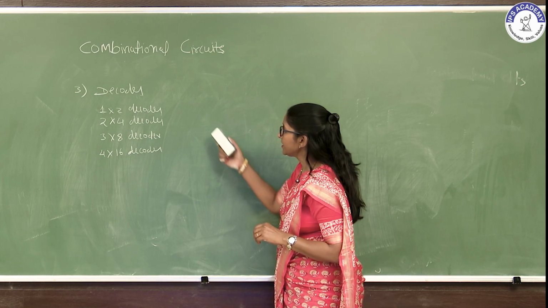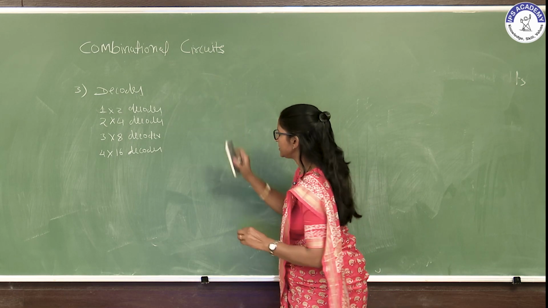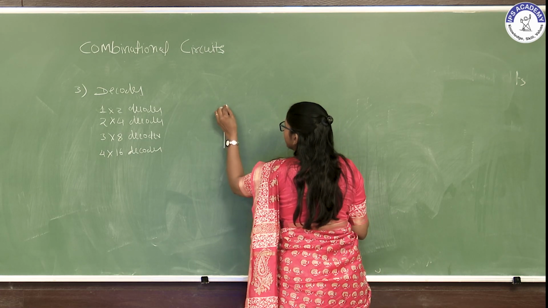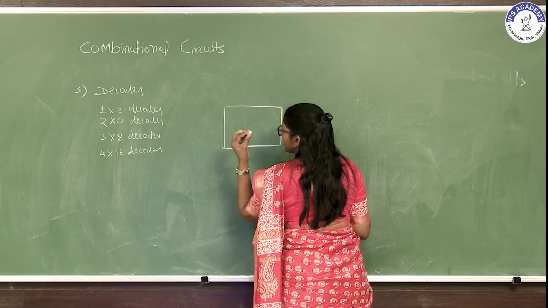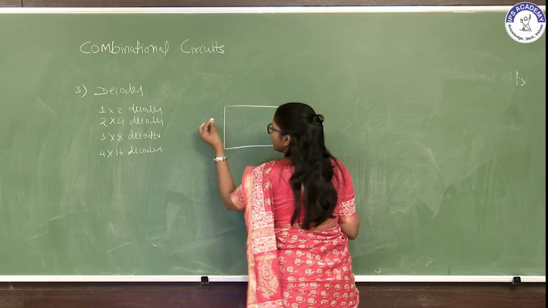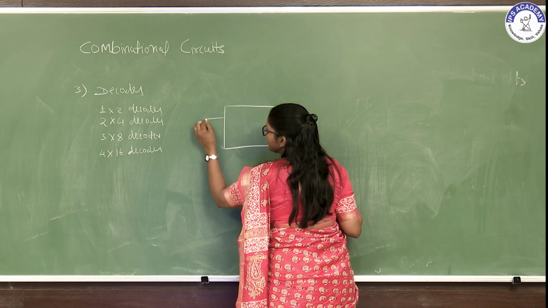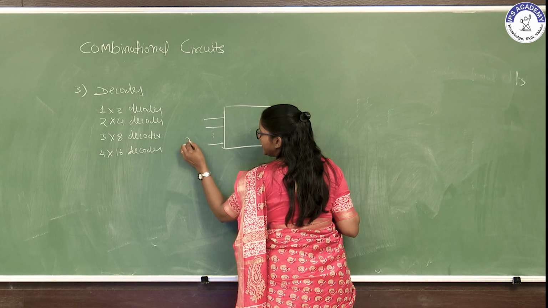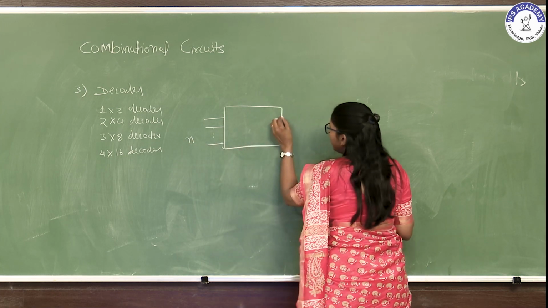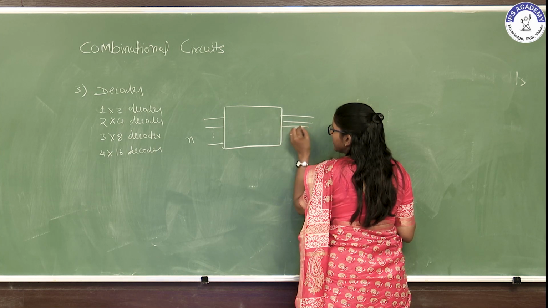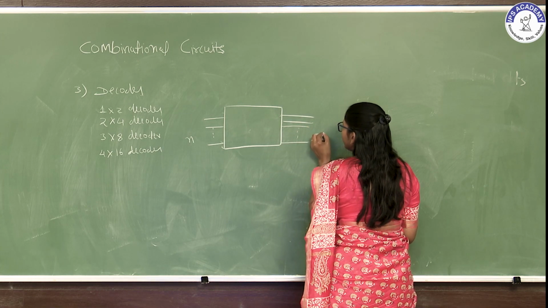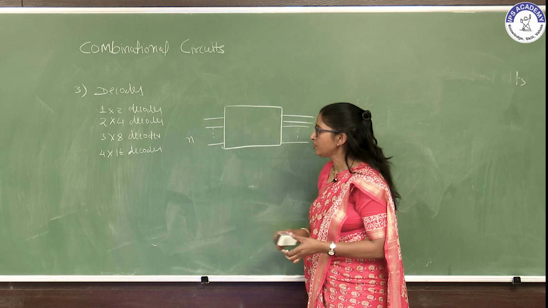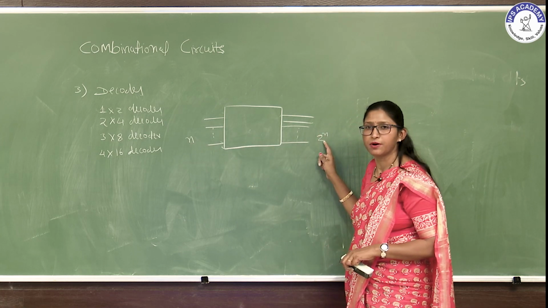So again we can say a decoder is a combinational circuit which has n inputs and 2 raised to n outputs.